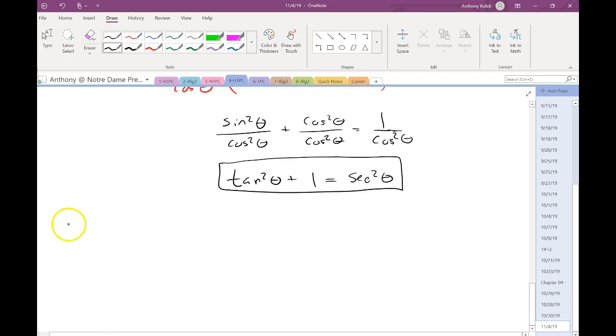So if I take all three of those together, we're going to call those the Pythagorean identities.